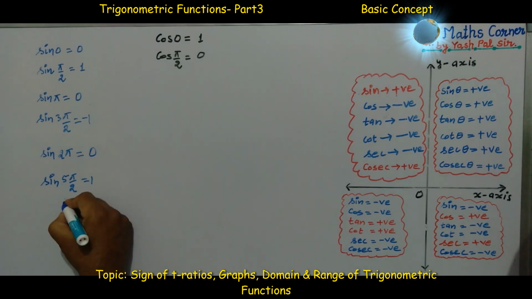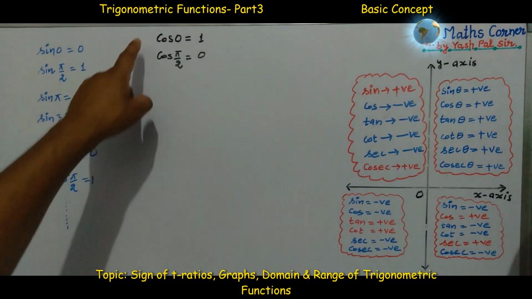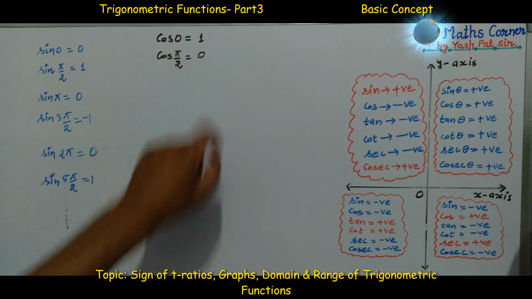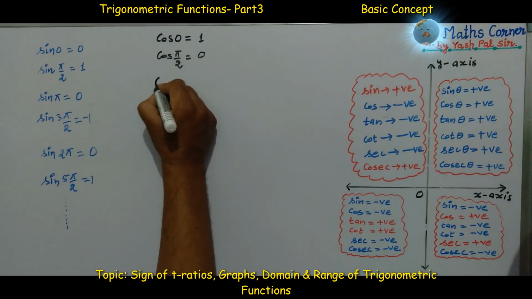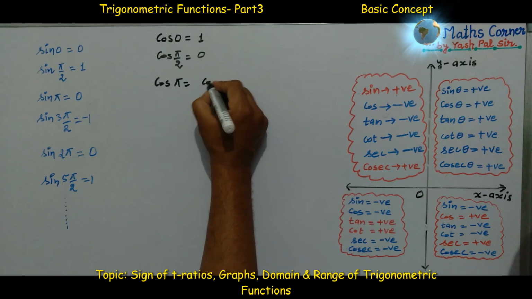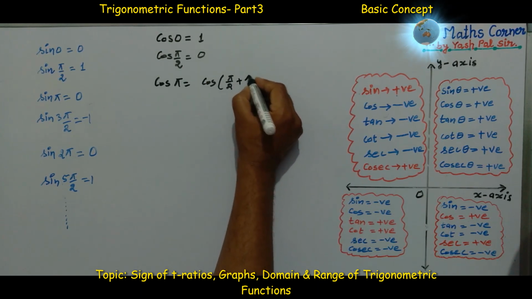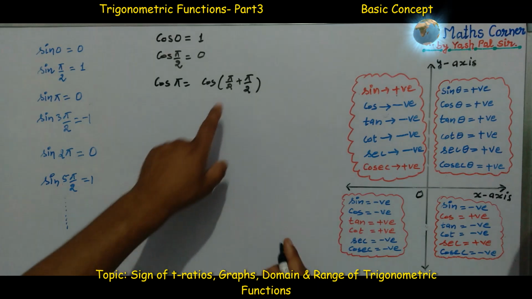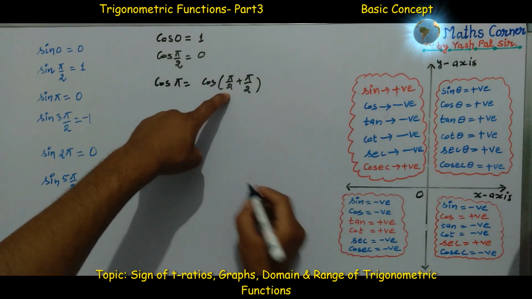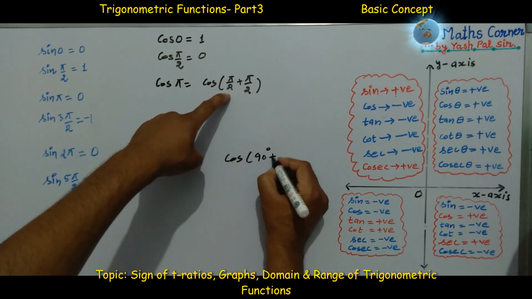Similarly, we can find other values as well. Now coming to the cosine side, cos 0 is 1, cos pi by 2 is 0. Next, what is the value of cos pi? Cos pi means cos of pi by 2 plus pi by 2, cos 90 degrees plus theta.